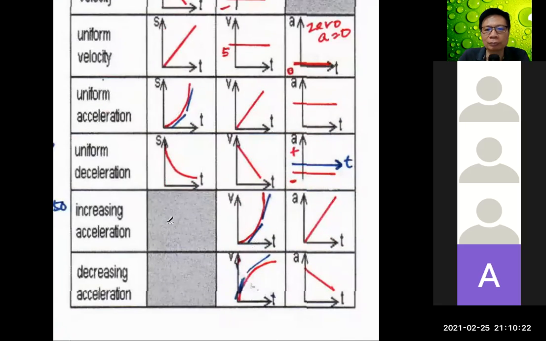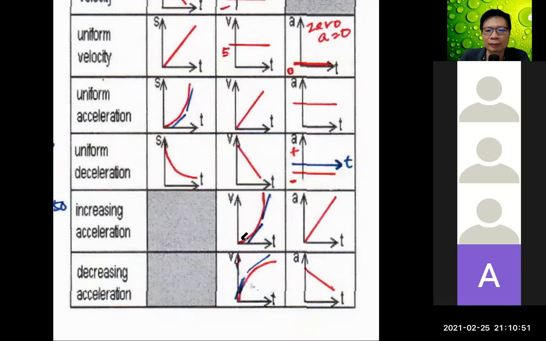increasing acceleration. Okay, increasing acceleration means the gradient must be in a curve going up. A curve. For velocity time graph, the gradient is actually acceleration. So you must show that here gradient small, acceleration small. Here gradient big means big acceleration. So it means the acceleration is increasing.